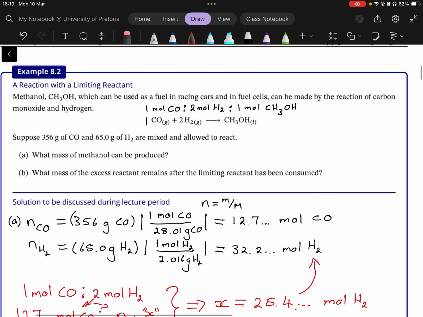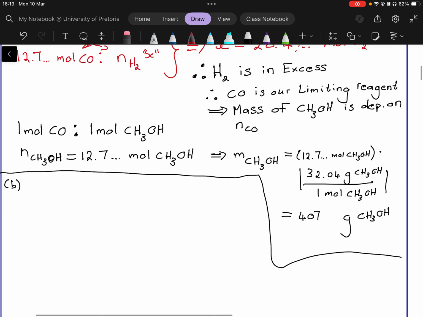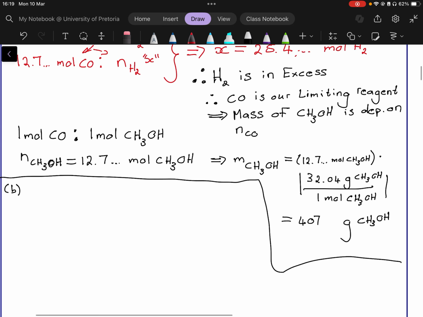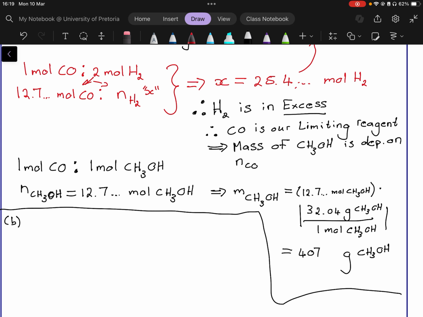In other words, what mass of H2 remains after the limiting reactant has been consumed? So what mass of H2 remains once CO has been consumed? So now we just need to first determine what mass of H2 is in excess, right?